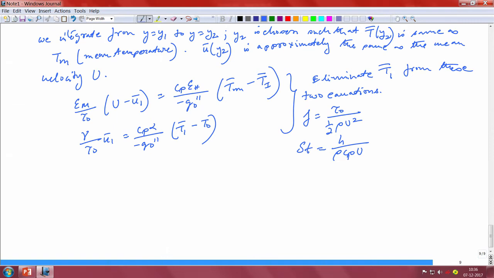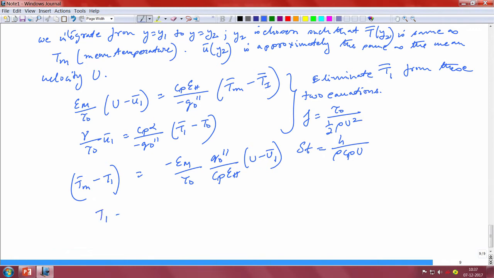From the first equation, Tm minus T1 can be written as epsilon m by tau naught times q naught double prime divided by Cp epsilon h into u minus u1 bar. So, T1 will be equal to Tm plus epsilon m by tau naught q naught double prime over Cp epsilon h into u minus u1. That is from one expression.